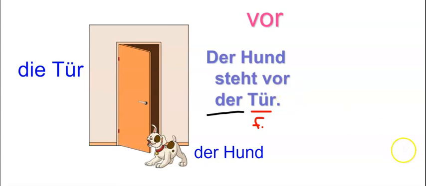Steht is our dative verb, indicating that it's going to be dative because it's talking about location. So the object of our two-way preposition vor must take the dative case. Der Hund steht vor der Tür.